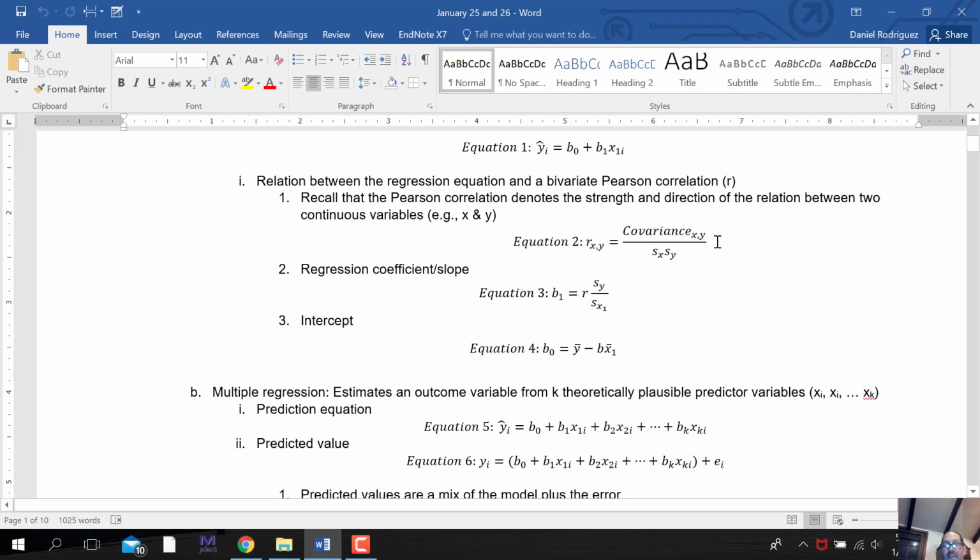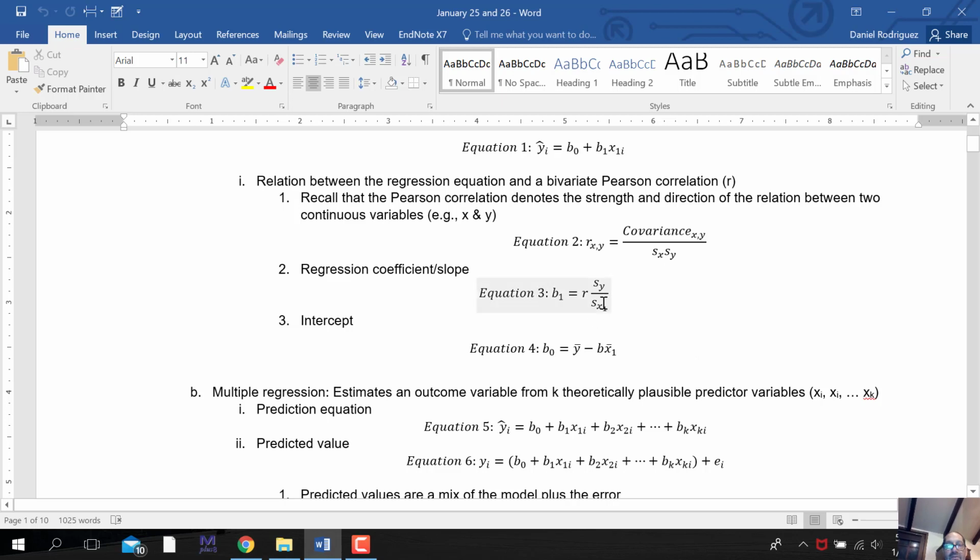So for instance, if we're doing hours of exercise and weight, hours of exercise is in hours, that's its unit, and weight could be in pounds, right? So covariances are very difficult to relate to one another because of the units. When we divide by the standard deviation of each, we remove the units and we have a unitless measure, and that's what our correlation is. So correlation is a standardized covariance.